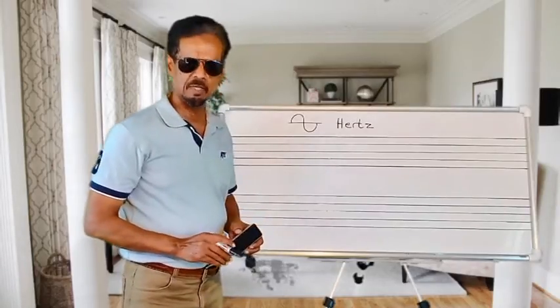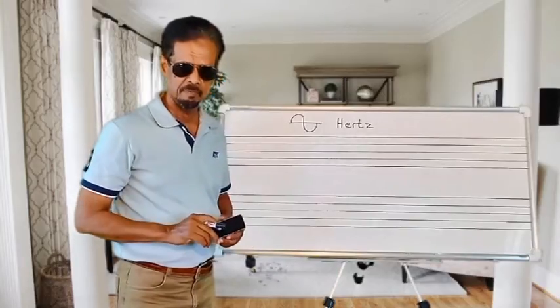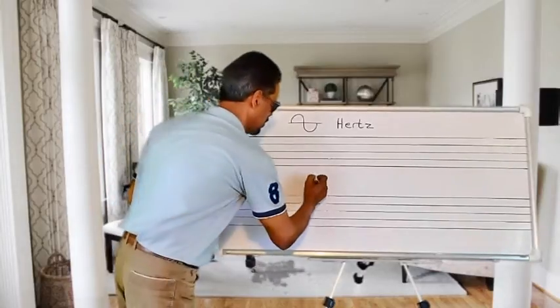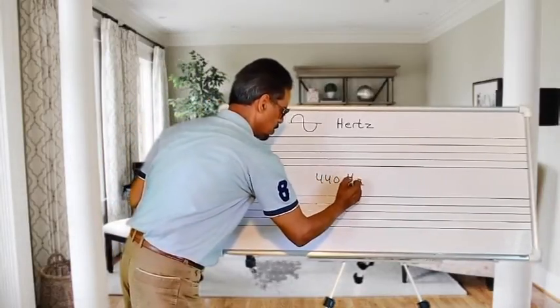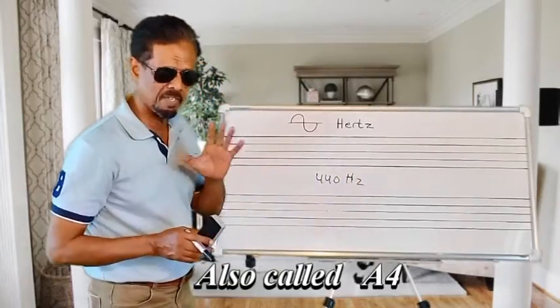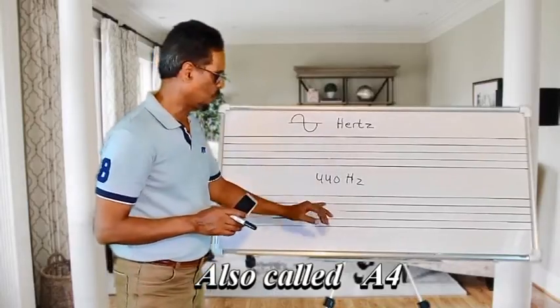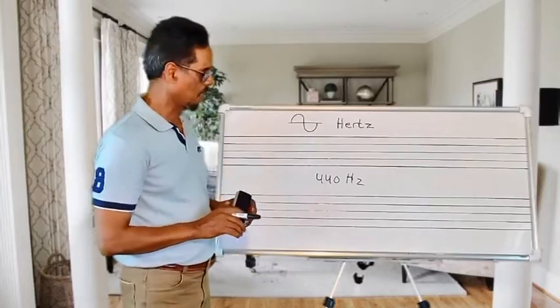It has been decided that the note A above the middle C is to be tuned at 440 hertz on the international level. In every country in the world, the note A above the middle C will make 440 vibrations.